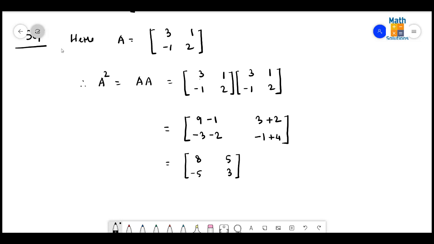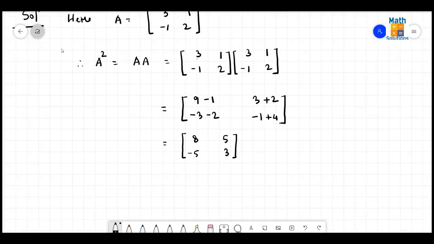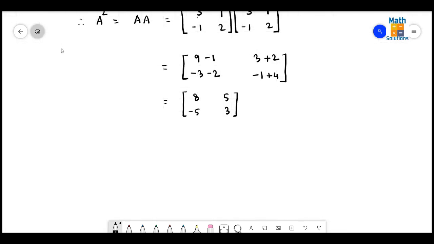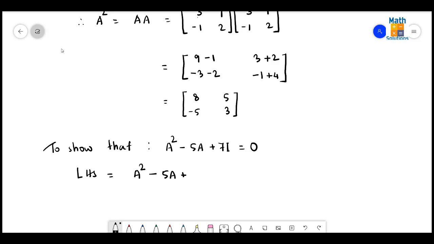Now we have to show that capital A square minus 5A plus 7I is equal to null matrix. So we proceed with the LHS. In the LHS we are getting A square minus 5A plus 7I. Let us put the respective values.